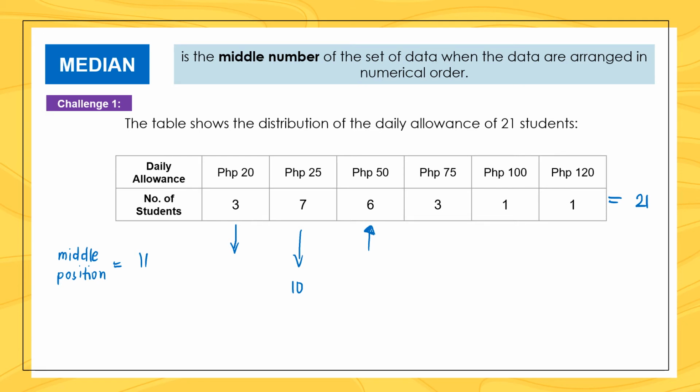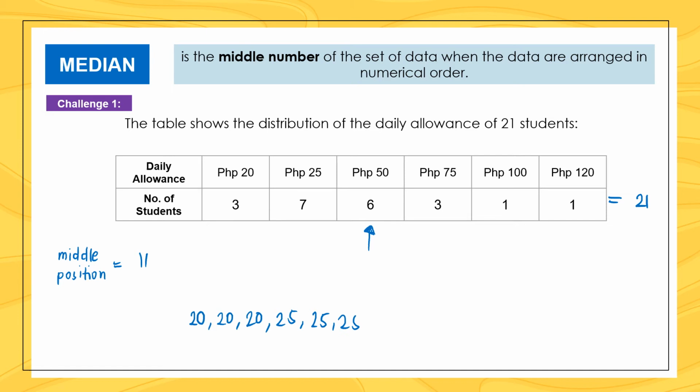to 50 pesos, right? If we try to write the data here, just as an example so you can see: we got 3 students and the data is given in this series, 20, 20, 20. Those are their daily allowance. And then 7 students got 25.